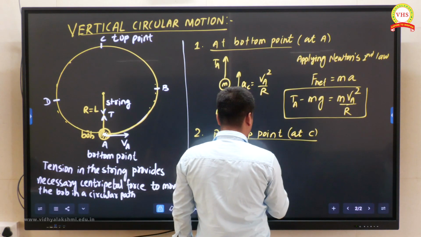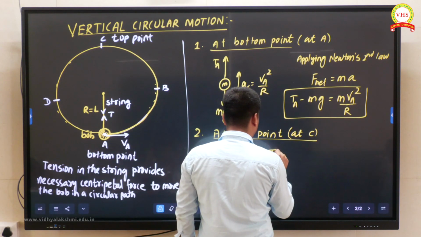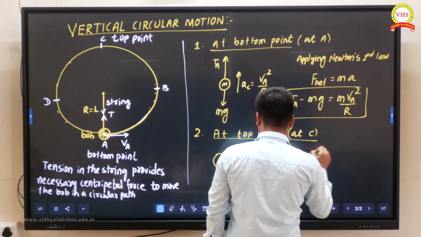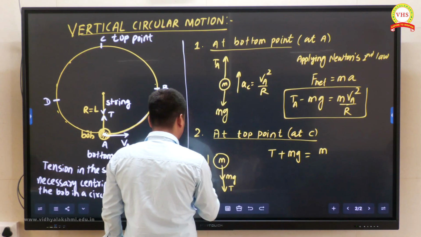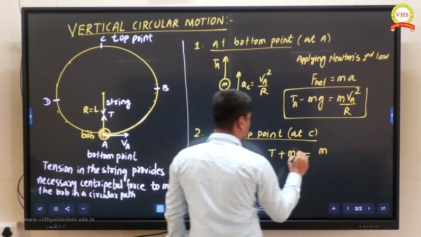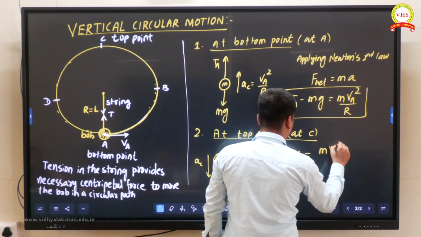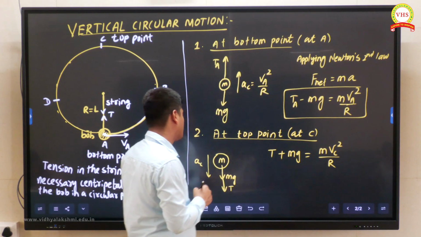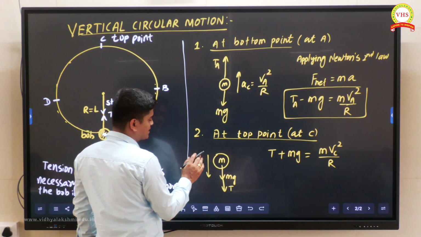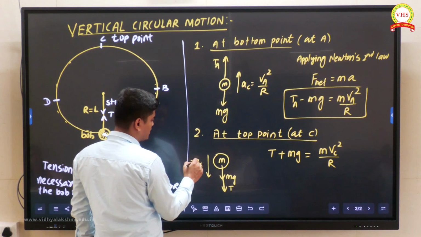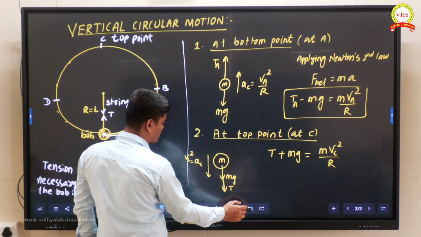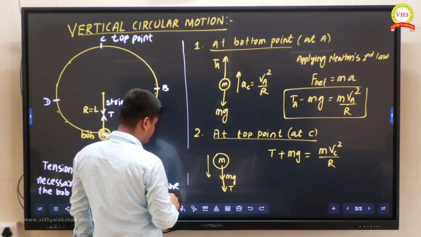So here I can write T plus mg equals, and acceleration is towards the center, down, so m into vc square by r. Why did I write vc square? Because at this point the acceleration is vc square by r.